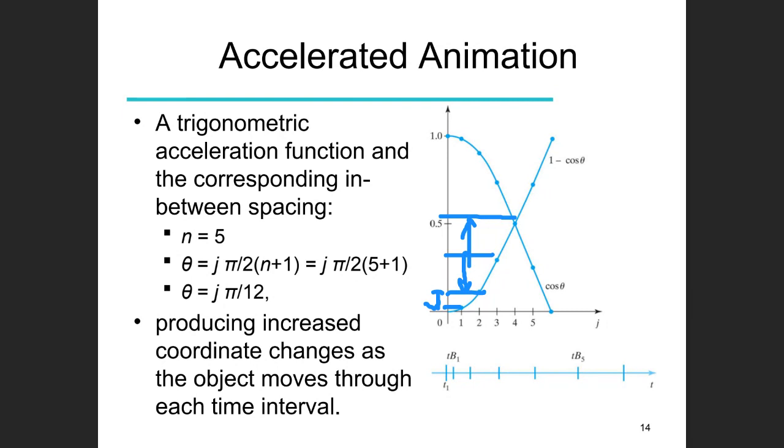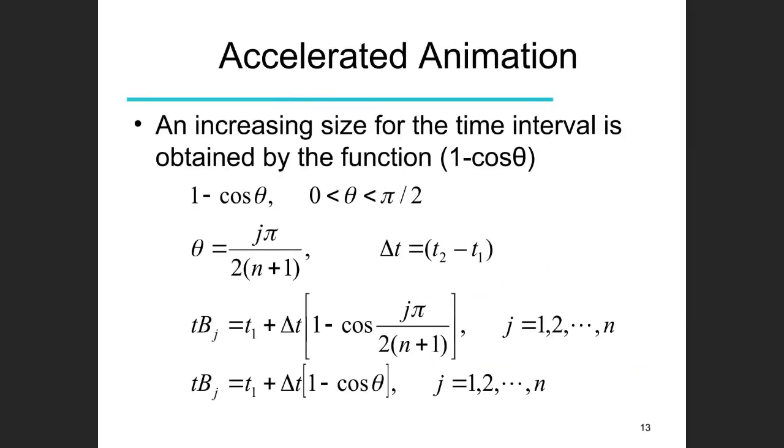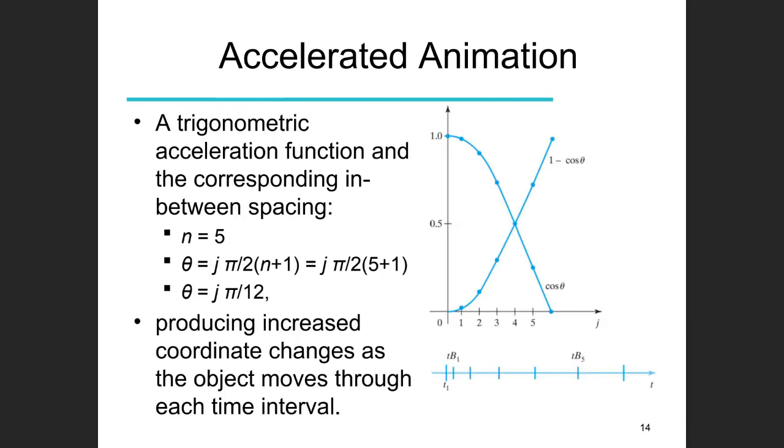Suppose that in our example we are using the value n equal to 5. What it means is we want to insert 5 in-between frames between any pair of keyframes. Then according to our equation, theta is equal to j pi divided by 2n plus 1. We can put the value for n to simplify the equation for theta.